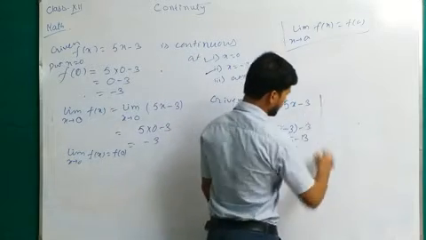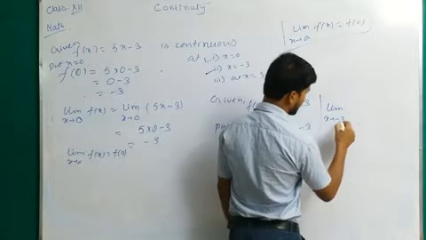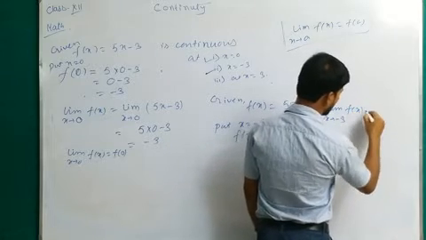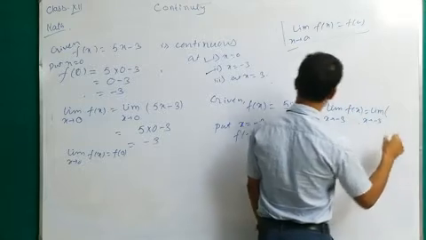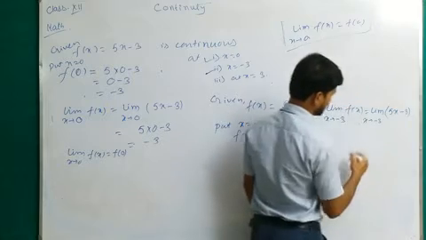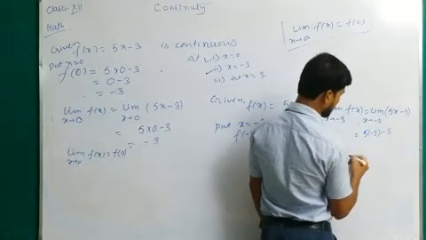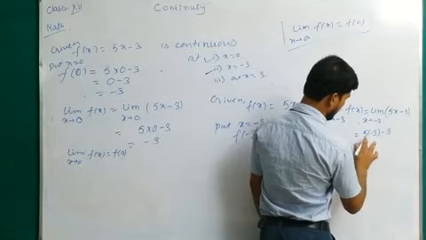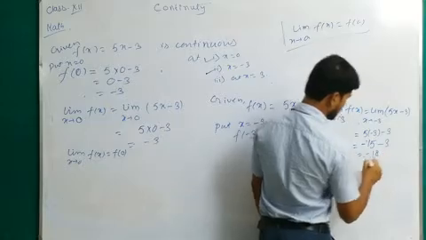And also calculate the limiting value of the function at x equal to minus 3. That is equal to limit x tends to minus 3, and the value of f of x is 5x minus 3, which is equal to 5 into minus 3 minus 3. That is minus 15 minus 3, that is equal to minus 18.